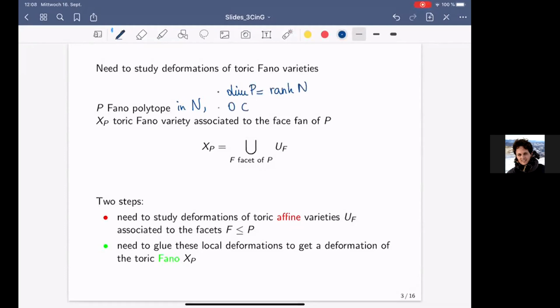The origin is in the interior of P. And then every vertex of P is a primitive lattice point. And out of this situation, you can create the face fan of P, also called the spanning fan, which is the cone over the facets.